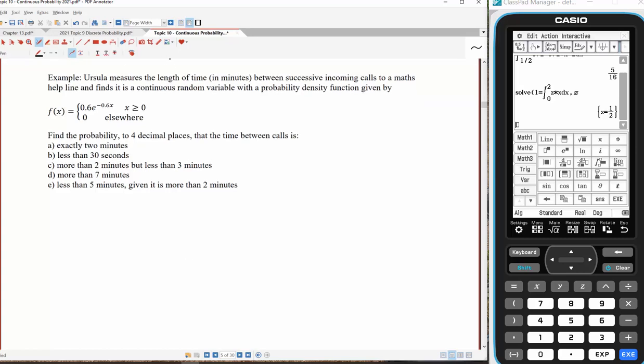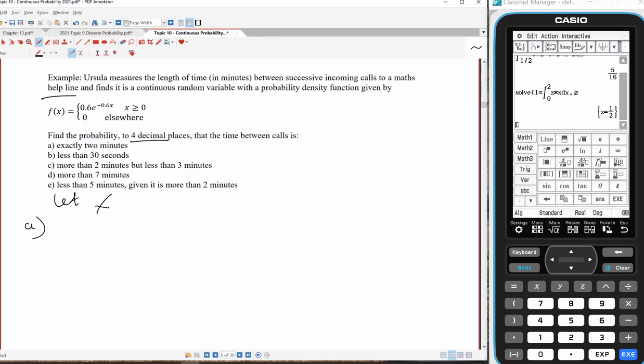Ursula measures the length of time in minutes between successive incoming calls to a maths helpline, and finds it is a continuous random variable with a PDF given by this. Find the probability to 4 decimal places that the time between calls is... So we're going to the calculator now. Let's go A. The random variable is minutes.